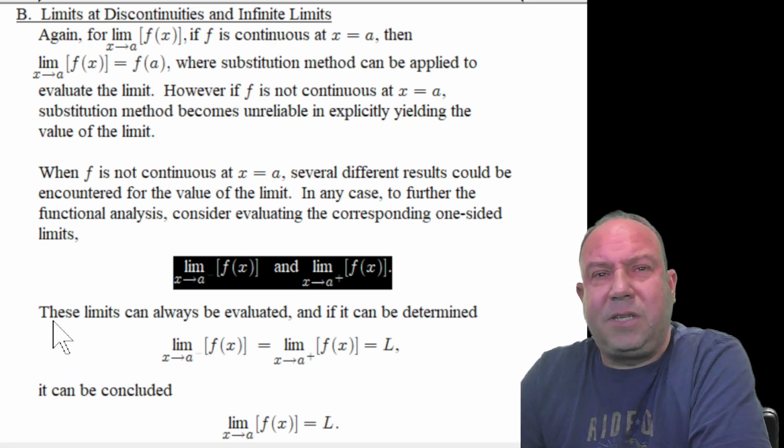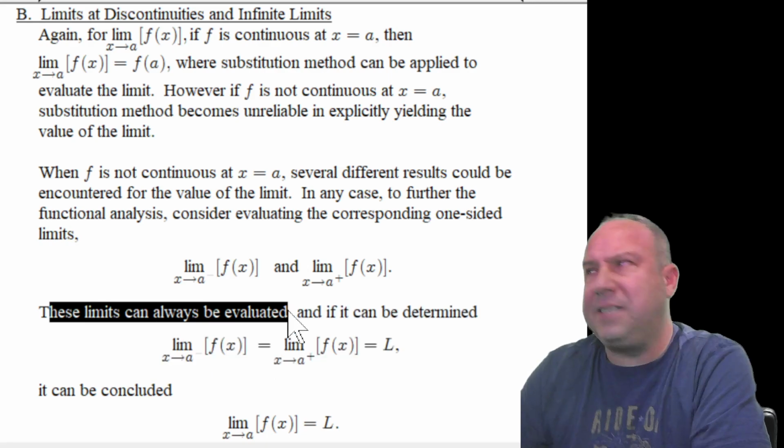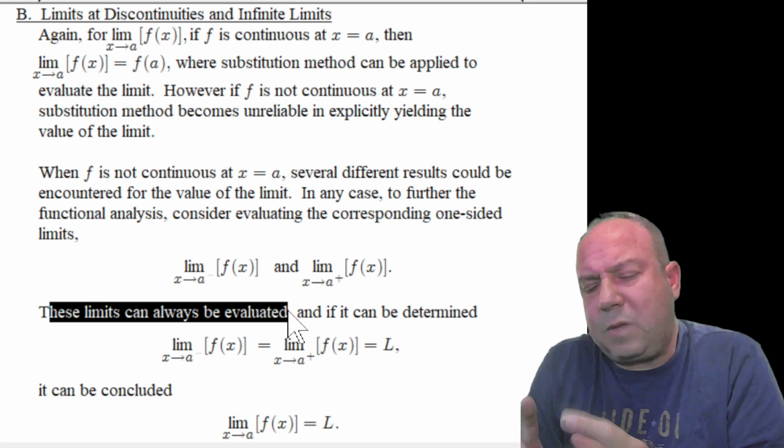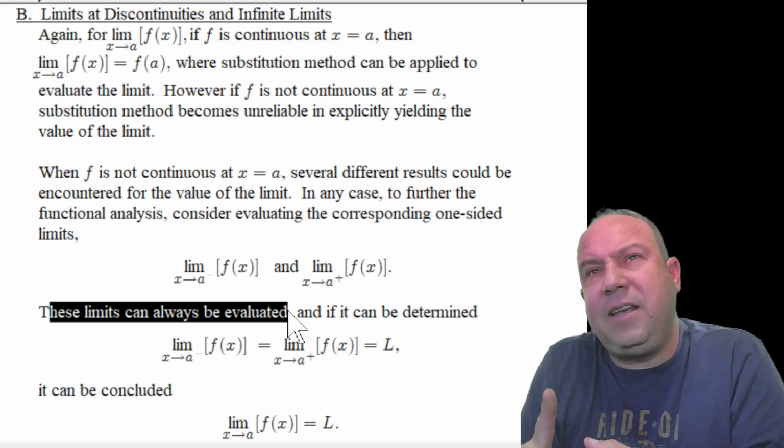I changed this up just a little bit here because I didn't like saying "could be existed." We really have to be careful with that term "existed." We're going to be introduced to, in this section, the idea of infinite limits.